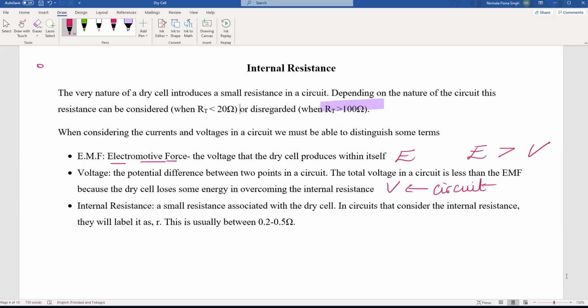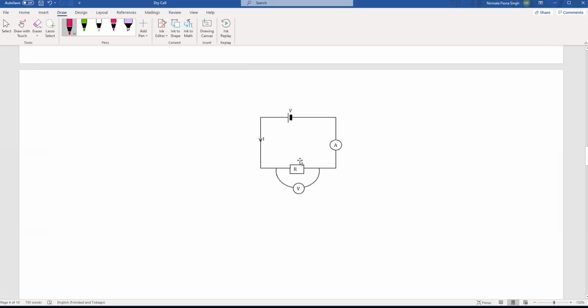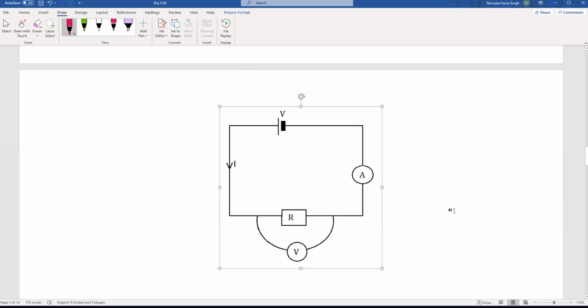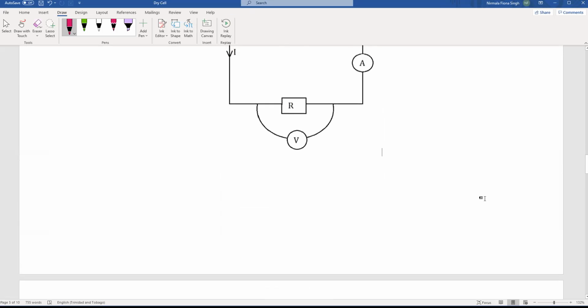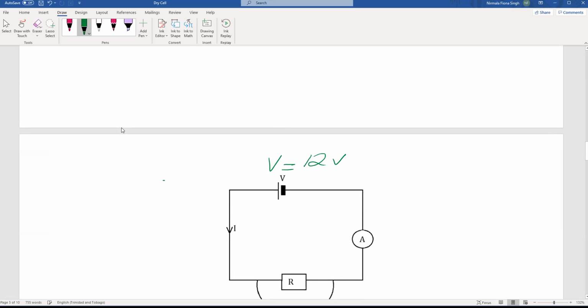So let's take a look at our circuit. Generally, this is what our circuit looks like. This is what we've been doing so far. We have our voltage, usually some value, 12 volts or something.